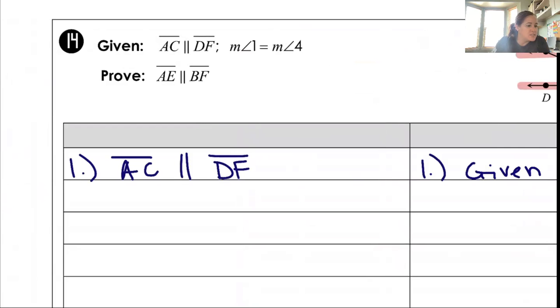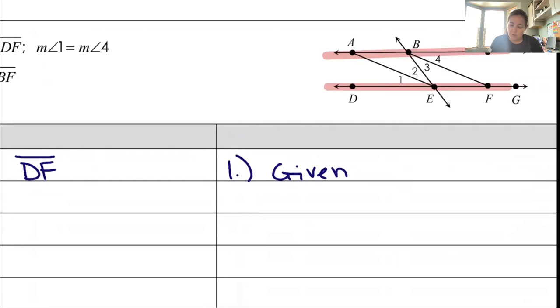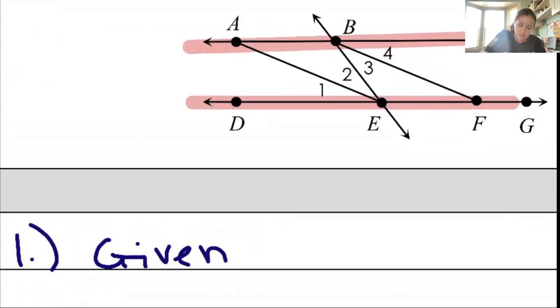So parallel lines give us some special angles that are congruent. Let's see what we got here. DB. Okay, so this angle right here, 1 and 2 combined give us DEB.